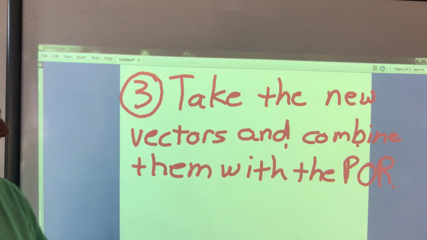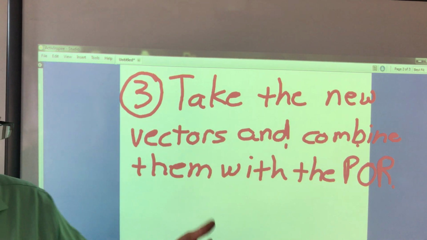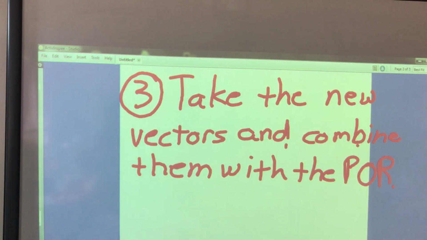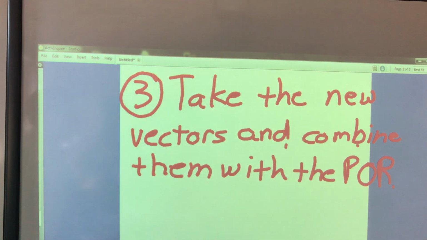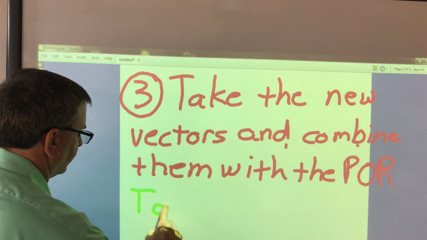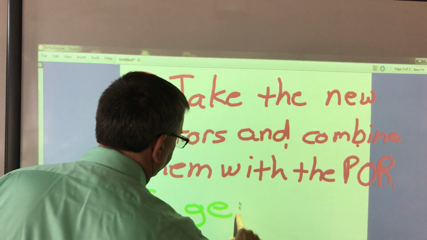Step 3, we have to take the new vectors that we create. So we're going to create a vector, apply the rule, get a new vector, and with that new vector, combine each new vector with the point of rotation to get our image.